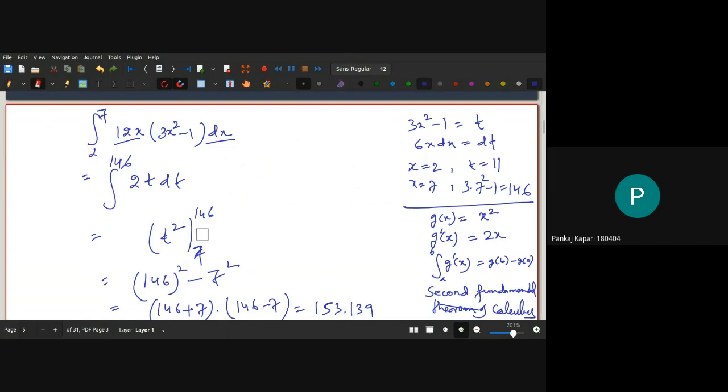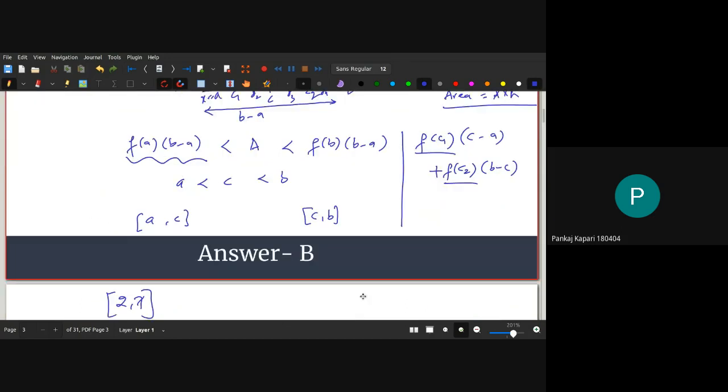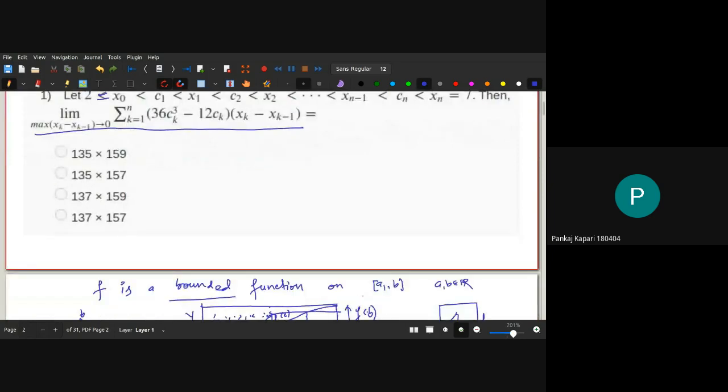It was 11. So this was 11 square. So 146 plus 11, 146 minus 11. So we have 157 into 135. So 157 into 135. The second option is correct here.